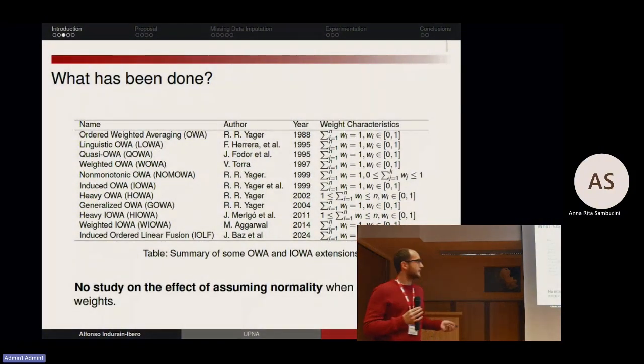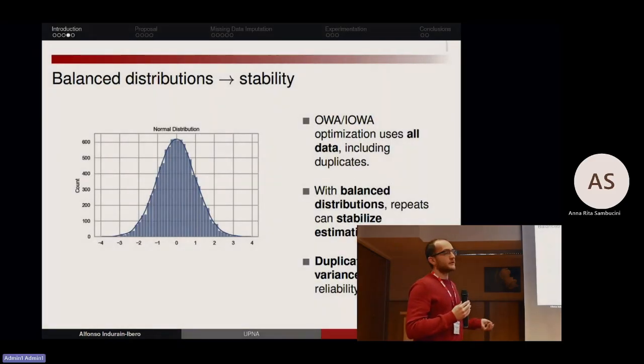But the second one, and the one that is most important to us, is that we haven't seen any study that studies the effect of assuming that the distributions of the datasets are not going to influence the results of either OWA or IOWA operators. The reasoning for this is that OWA and IOWA operators, as has previously been said, depend on weighting vectors. And these weighting vectors can be obtained in several ways, but two of the main ways are using weighting functions or simple optimization methods.